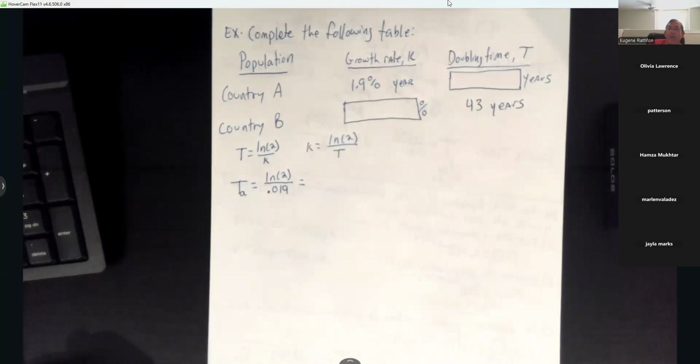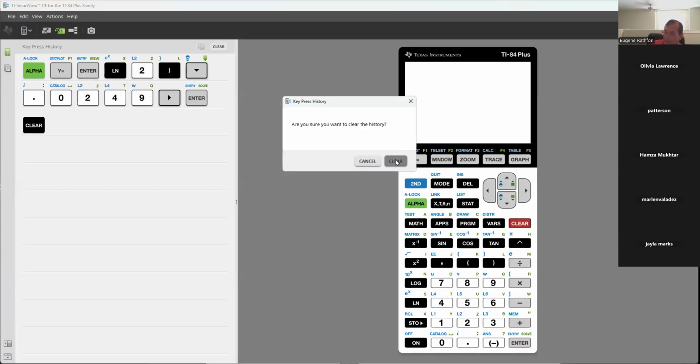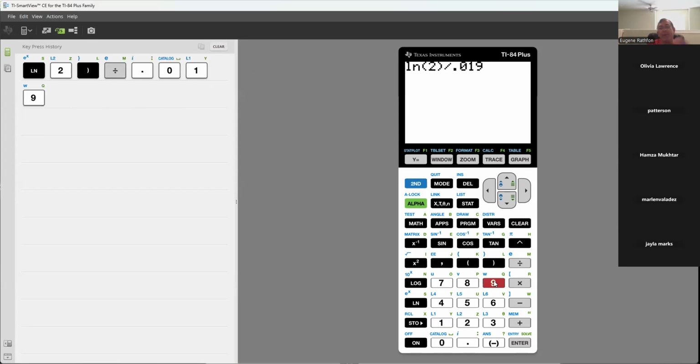We would punch that on our calculator: ln of 2, close parentheses, and then divide by 0.019. I just had one division to do, so I'm doing it like that.